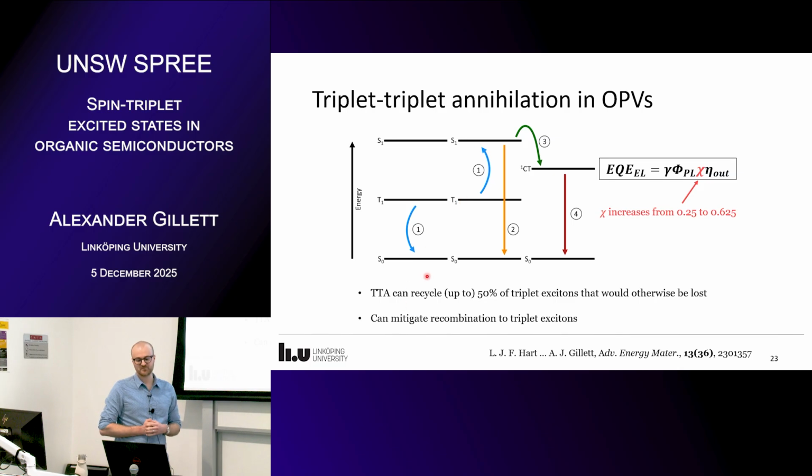From spin statistics, if you get lucky, the two triplets make one singlet, and this will increase our chi factor from 0.25, predicted by the spin statistics, up to 0.625. So taking the 75% triplets, half of them make singlets again, so 37.5%, and add them together.